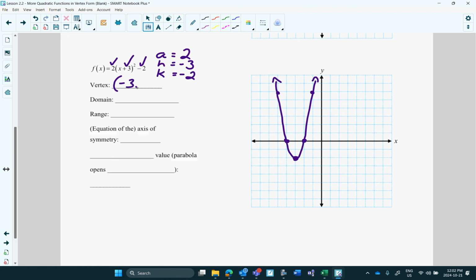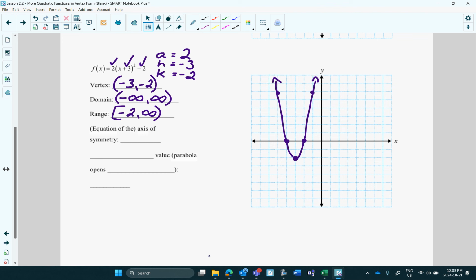Vertex, -3, -2, because it's the value of H, comma K. Domain is everything, always. Range, we got to be a little careful with. The range reads -2 to infinity.